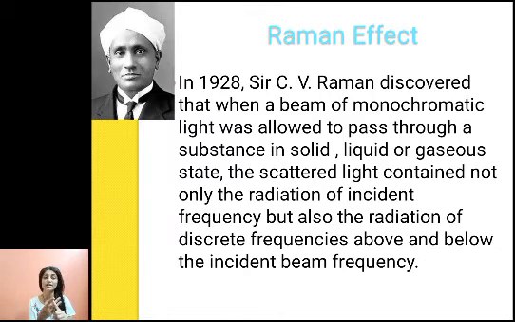Basically the scattered radiation consists of three frequencies. One frequency is the same as that of the incident radiation, another is slightly higher than the frequency of incident radiation, and the third has a frequency lower than the frequency of incident radiation. Now we can express this Raman effect in terms of wavelength also. When a beam of monochromatic light passes through a substance, the scattered radiation consists of three wavelengths.